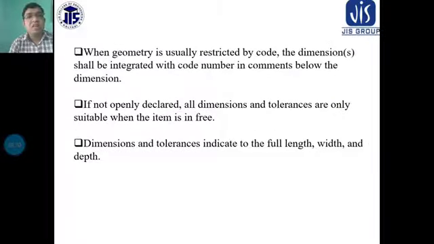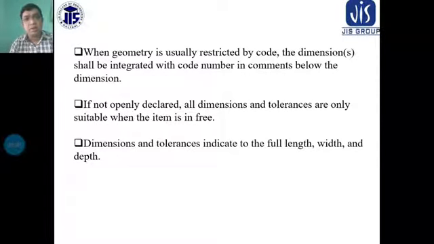When the geometry is restricted by codes, that means different codes will be applied. The dimensions shall be identified with the code number in a comment below the dimensions.